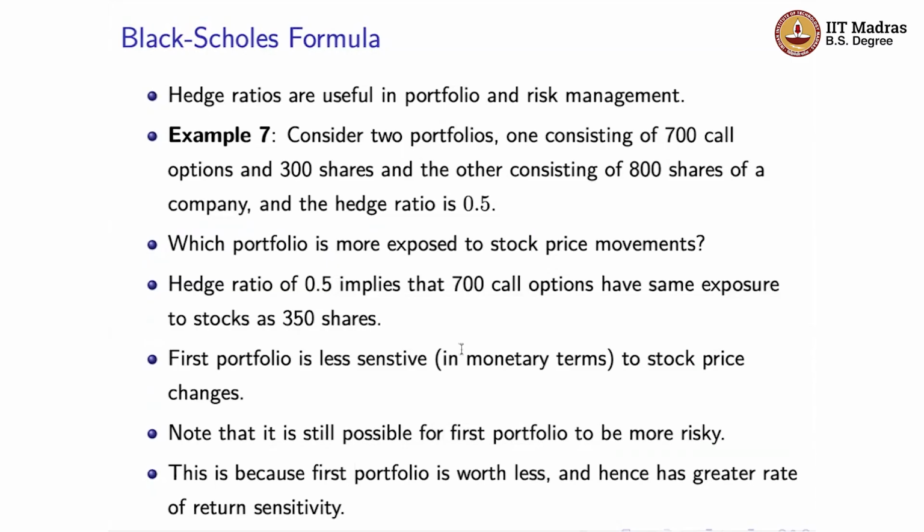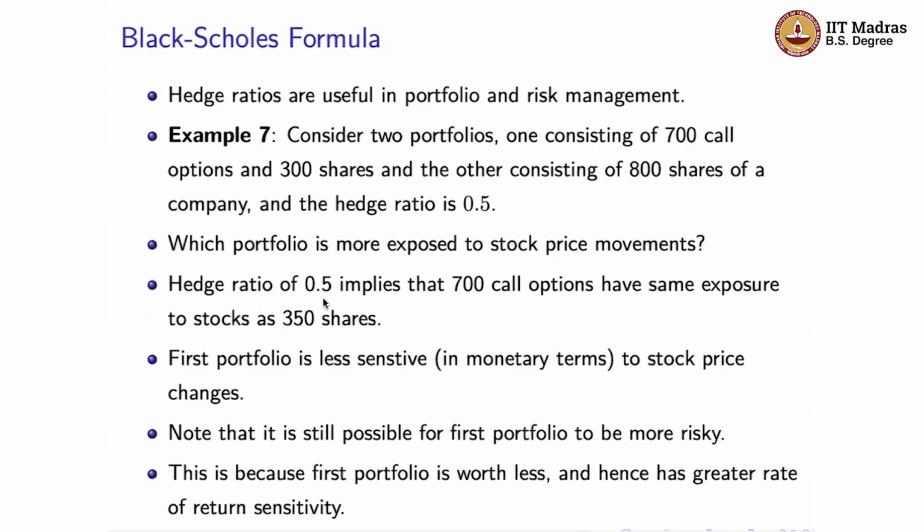So you can see that the problem is that you have got these 300 shares and 800 shares. Those are comparable, but you have also got the 700 call options. So we need somehow a way of converting these 700 call options' exposure into how much that is equivalent to in terms of exposure of shares, right? And this hedge ratio actually gives you exactly the tool that is required.